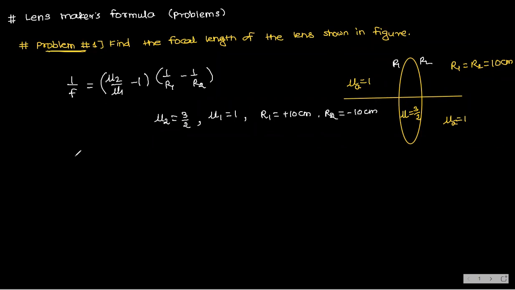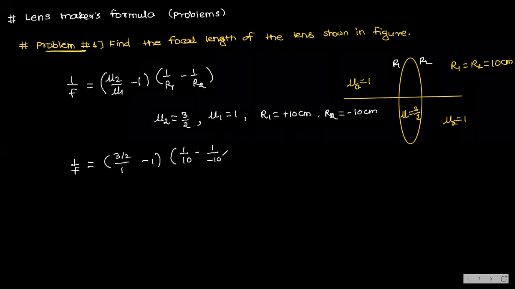Substitute now all these values and do it yourself. I am doing this. You can also start with me. So this is 3 by 2 divided by 1, minus 1, into 1 by R1 which is 10, minus 1 by minus 10. So 3 by 2 minus 1 means how much are you getting? 1 by 2 only, because this is 1.5 minus 1.